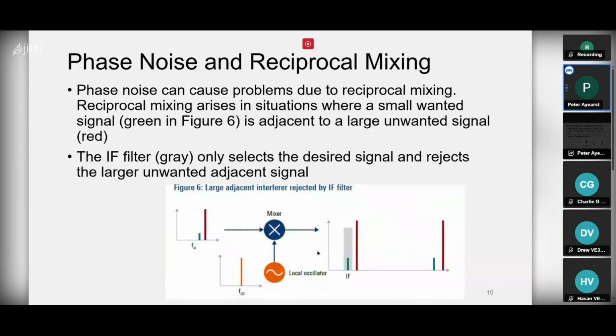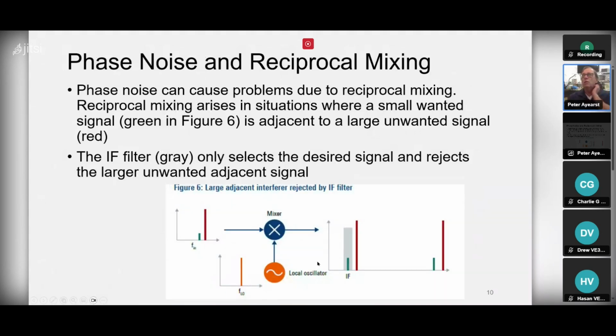Okay, phase noise can cause problems due to reciprocal mixing, and reciprocal mixing arises in situations where a small wanted signal, this one here, is adjacent to a large unwanted signal in the red. And we have a clean oscillator, LO, and everything's happy, mixes properly, and our IF filter can handle rejecting the large unwanted signal, not a problem.